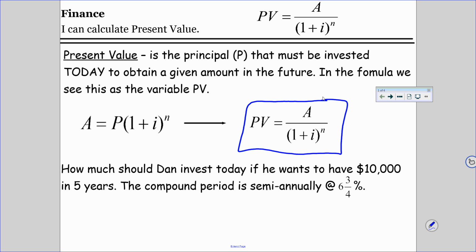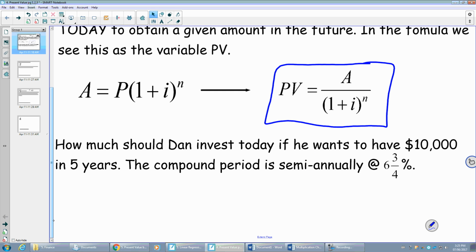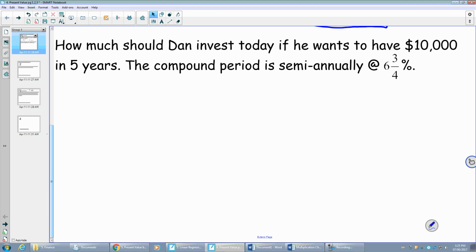So our first question here says, how much should Dan invest today if he wants to have $10,000 in 5 years? The compounding period is semi-annually at 6 3/4%. Okay, so my first step here is I'm going to be writing down the formula here.